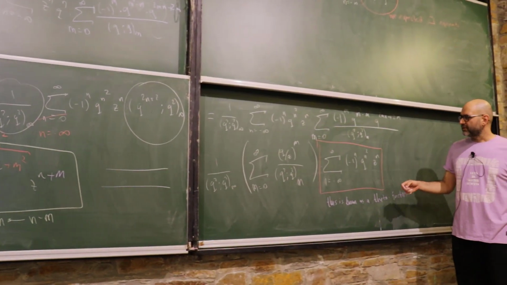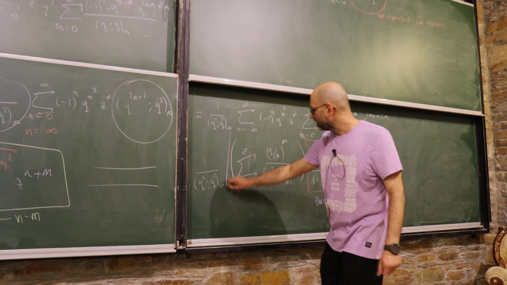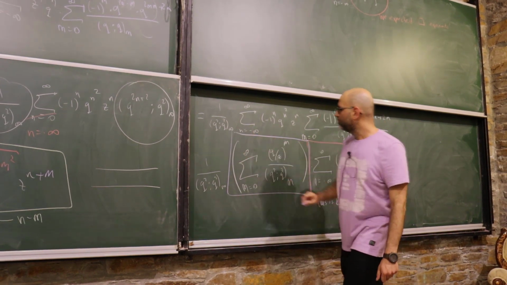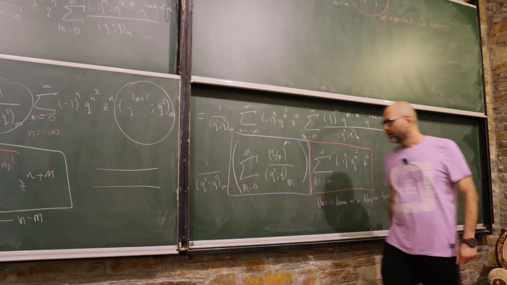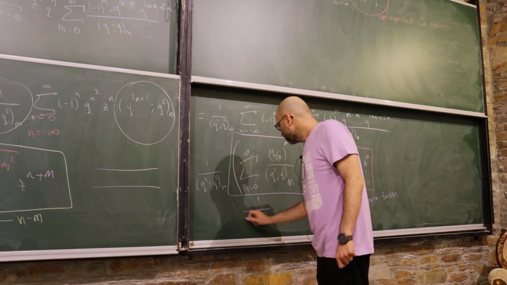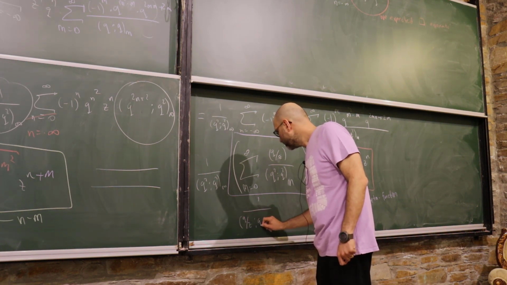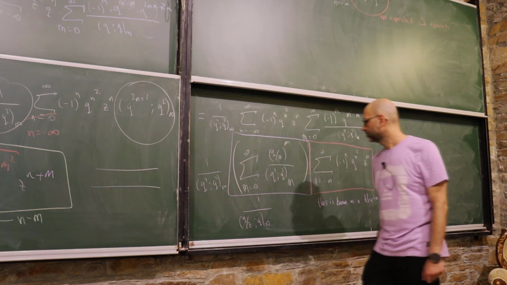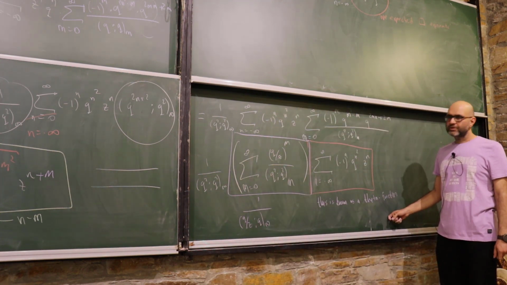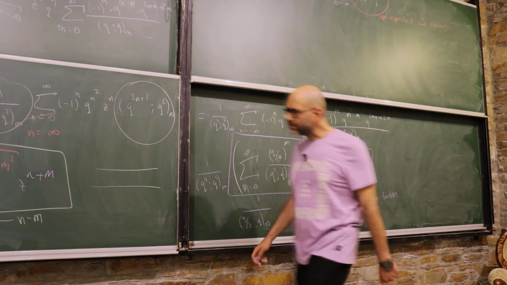We'll leave it as it is, and for that one, we will apply the Q binomial theorem once more to see that this is nothing but 1 over Q divided by Z, Q sub infinity. So this is the far right. What's the far left?